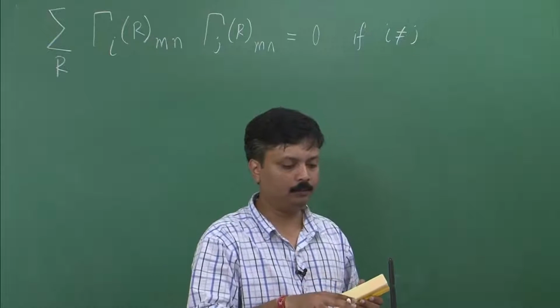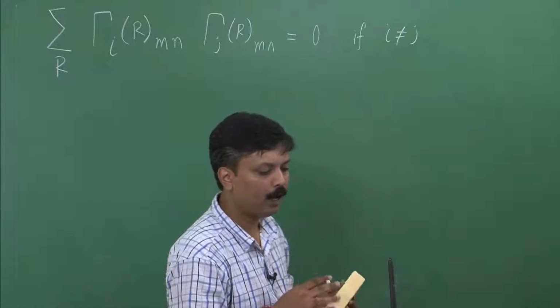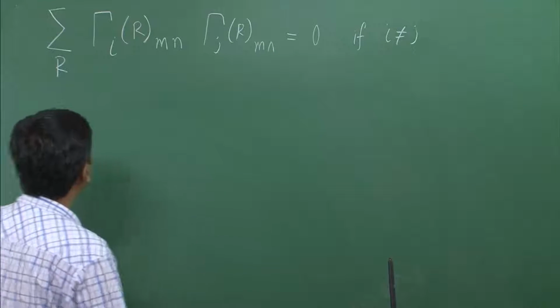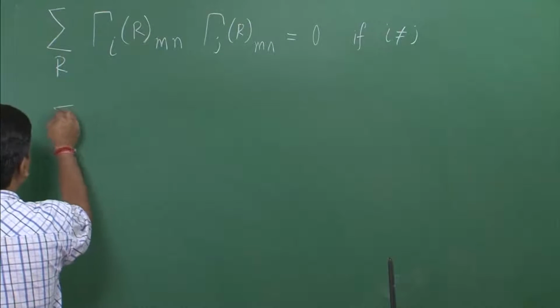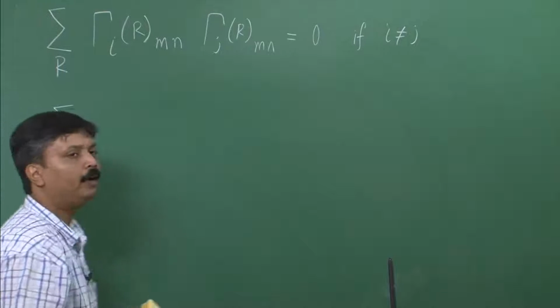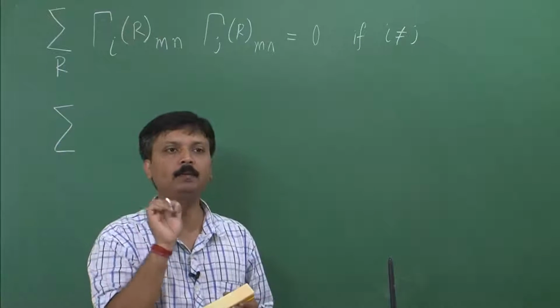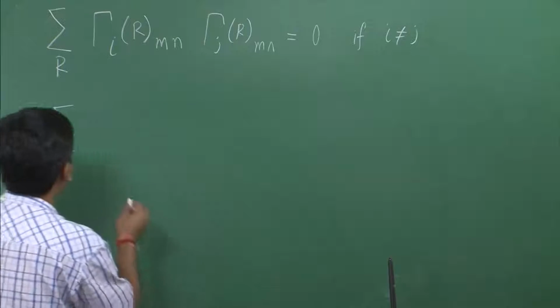And if I choose the same irreducible representation, but I do not choose the same element, then what will happen?